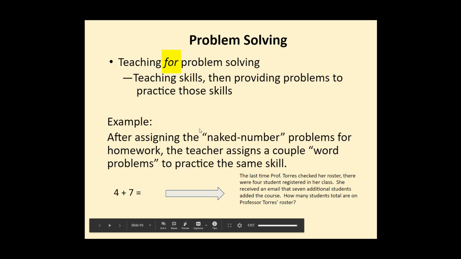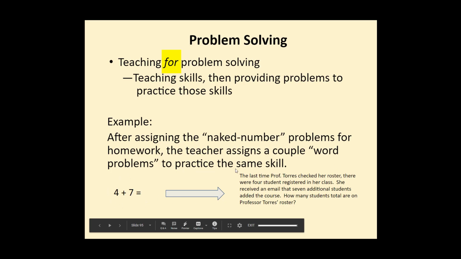So what the teacher was doing there is she was teaching us how to do computation, and at the end, she was giving us an opportunity to use the computation in a word problem, right? You could argue it was a real life problem. So here is an example. Here I have a naked number problem that is 4 plus 7. Maybe the students got 10 of these type of problems.